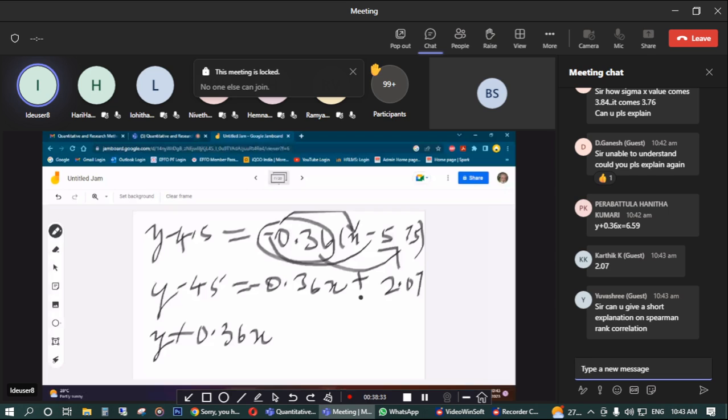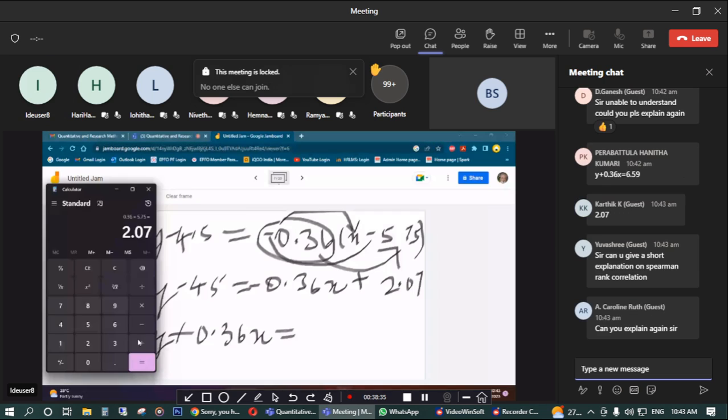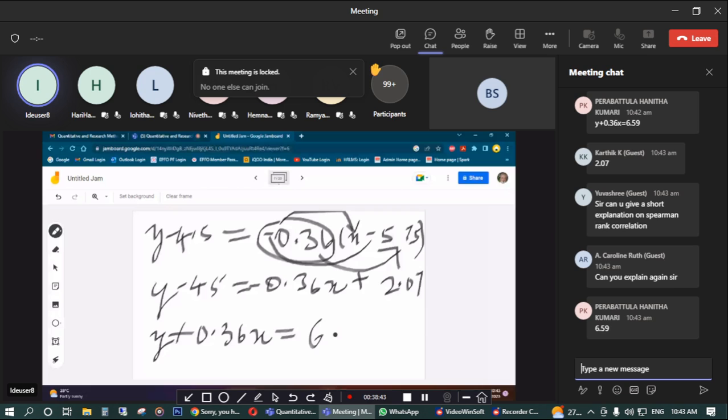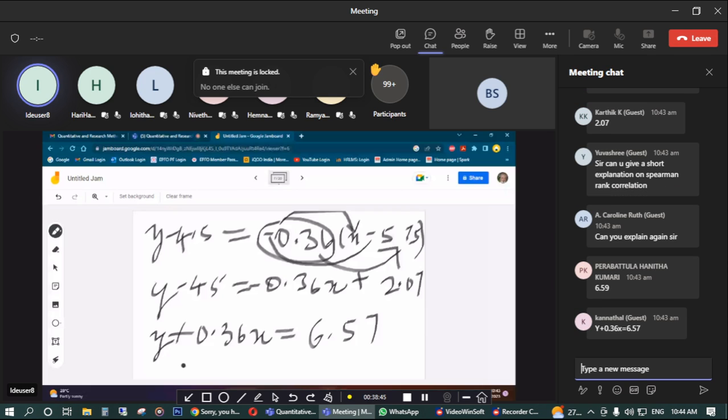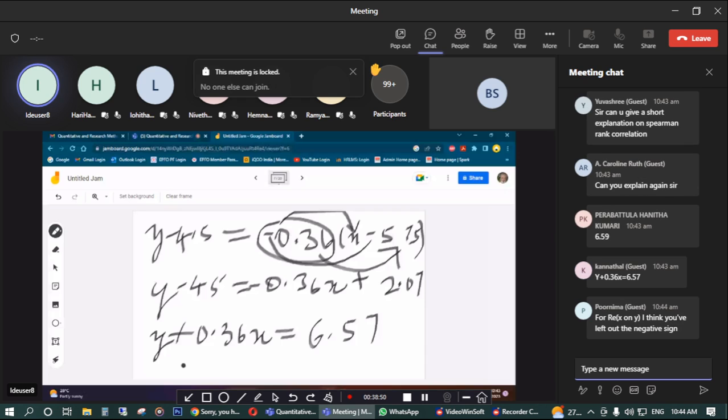So 2.07 plus 4.5, how much? 6.57. Okay, wow. So if you want to rearrange, 0.36x plus y is equal to 6.57. This is the second equation. So this is the regression equation of y on x.